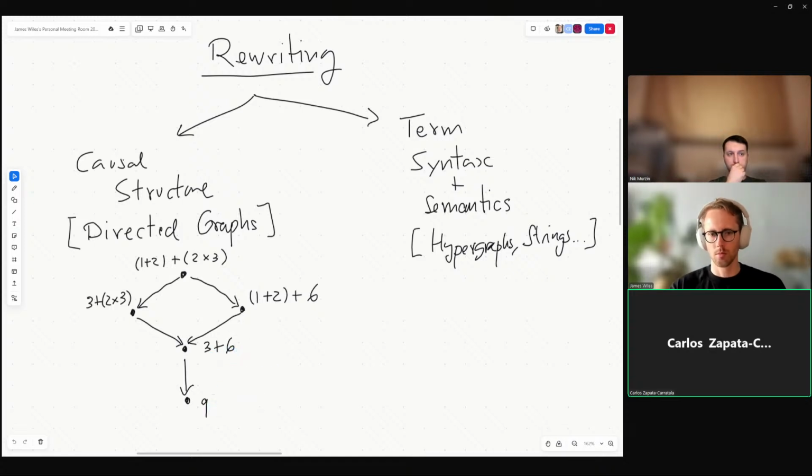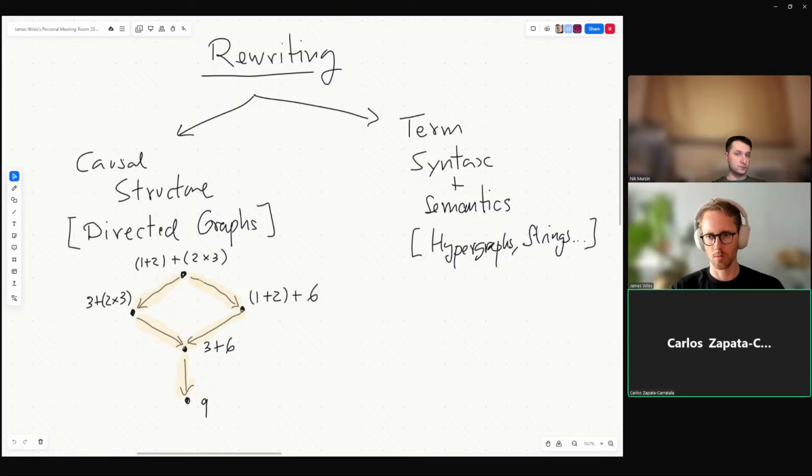Okay, so by the causal structure we mean the things that are not terms, right? So the causal structure here, I'll highlight if I can, is this stuff. So the fact that we have this directed graph, that's the causal structure of the rewrite system. In a sense, the causal structure of this rewrite system doesn't know anything about the terms.